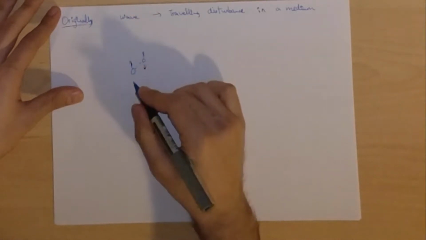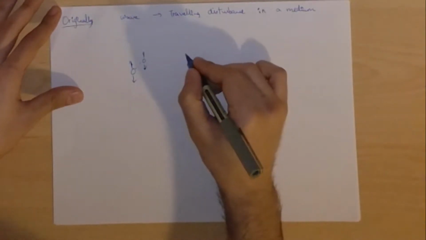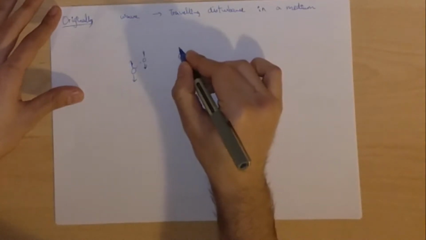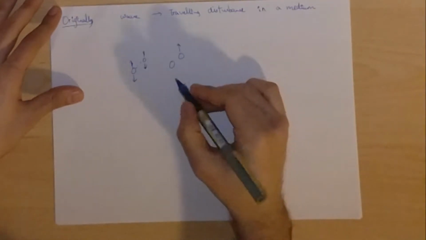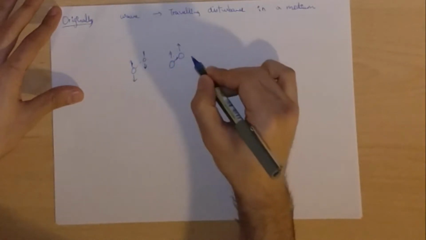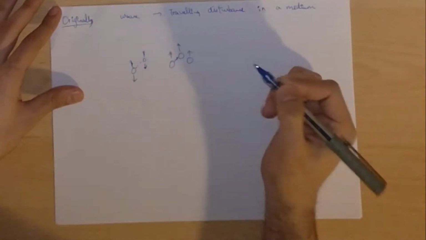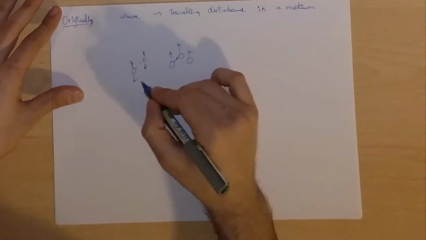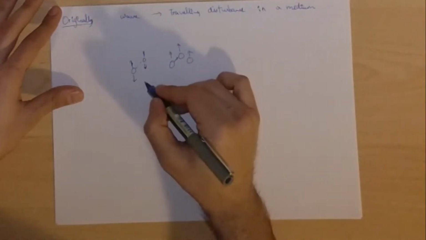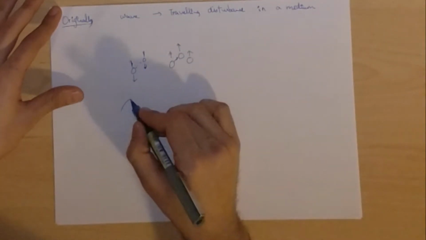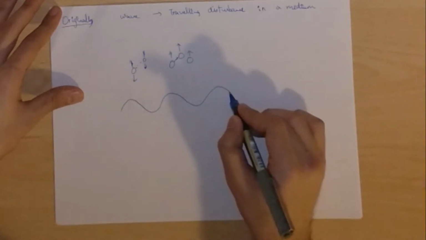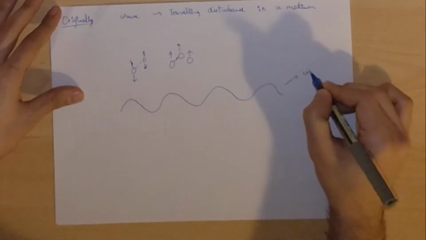This is happening by the attraction between the two molecules. So let's say you have this water molecule. If this guy goes up, he's going to pull the water molecule next to him up. So he's going to pull this guy up, and he's going to pull this guy up. So if you track the movement of these particles and sort of draw it out, it's going to look something like this. And this is called a wave.